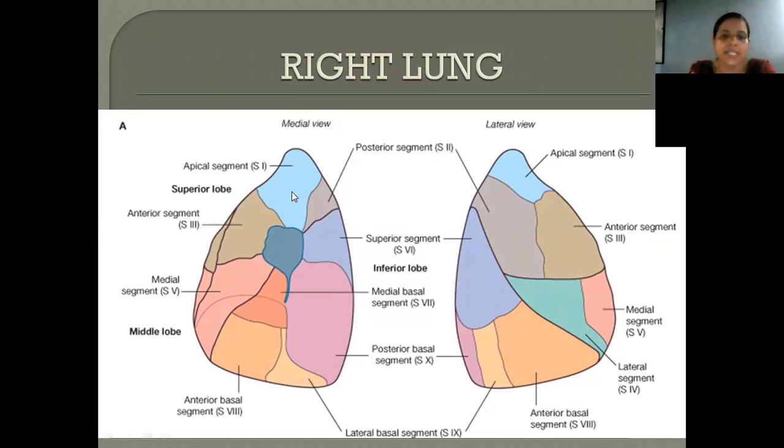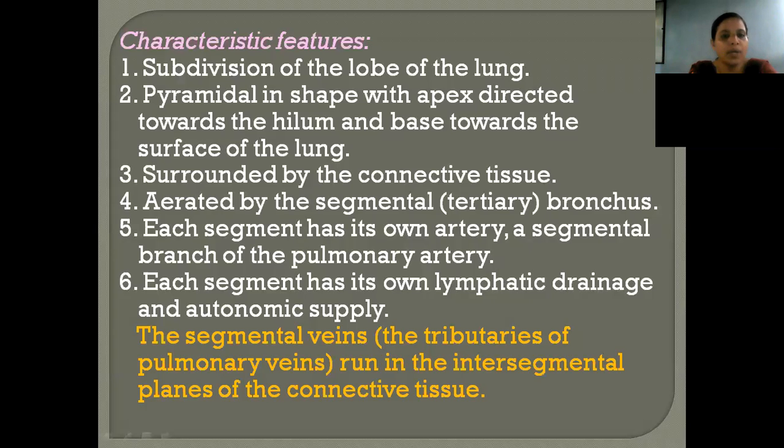Suppose there is infection in the apical segment; it will not move to the posterior segment or the anterior segment. If there is any infection, pneumonia, cancer or something, you can remove only the apical segment. That means these segments confine both the aeration and the spread of infection. That is the advantage of bronchopulmonary segments.